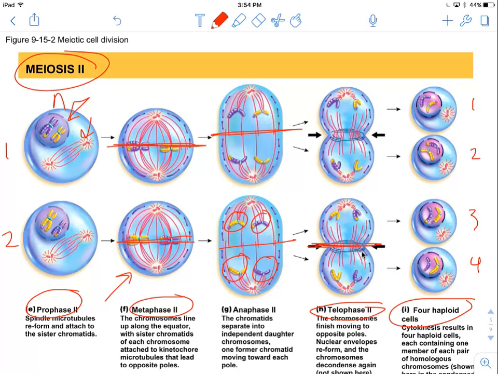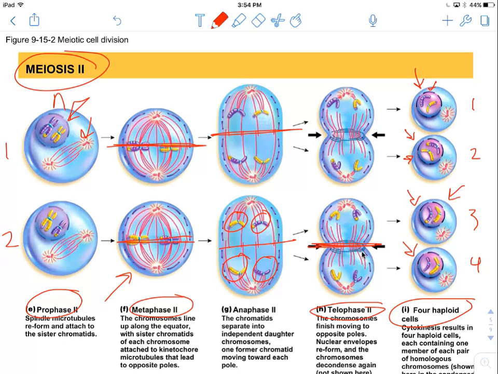Okay, and if you just look at these 4 cells here, you'll notice that, looking in the nuclei at the chromosomes, you have 4 different cells genetically. This one has a solid purple chromosome and a yellow chromosome with a little purple piece on it. This one has a solid yellow chromosome and a chromosome that's mostly purple with a little yellow piece on it.